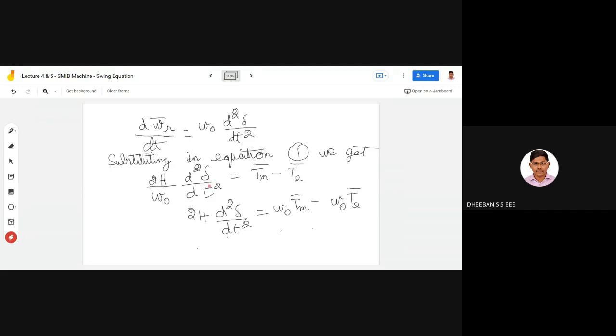So now you will be getting this, and omega naught will be in the denominator. You can just take it to the other side to put omega naught tm minus omega naught te. Okay, and you can conclude with this equation.